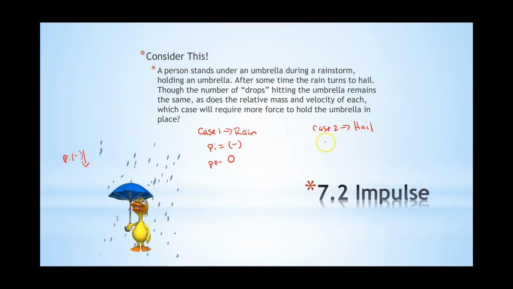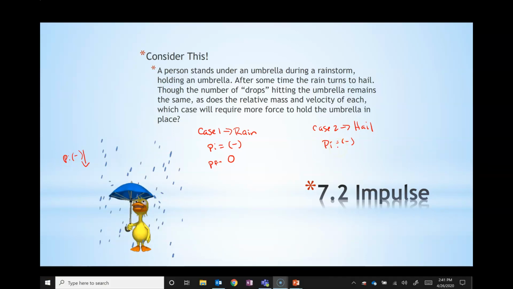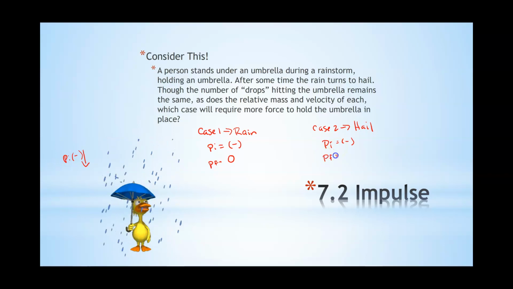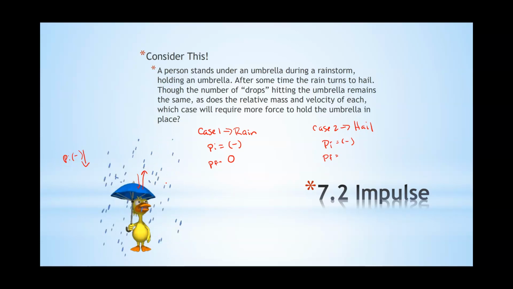In case 2, again, my initial momentum is negative because it's moving downward. But my final momentum is where we're going to see that change. We are seeing the fact that the hail is going to hit the umbrella and then bounce back up. All right? So that means my final momentum is actually going to be positive.